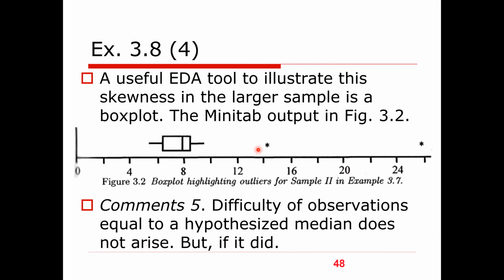Therefore, they get a very high water content from that soil. Those may be the reasons. So based on this EDA, we need to connect the context of this problem, get some possible reasons, and have some further investigation of these outliers.